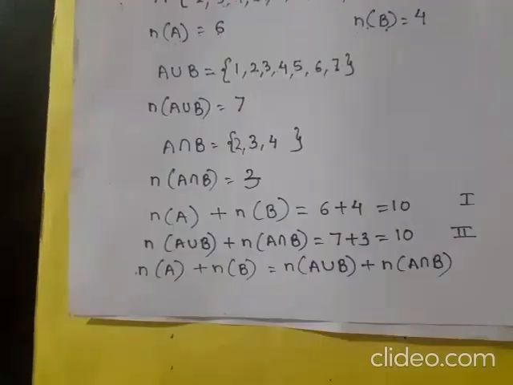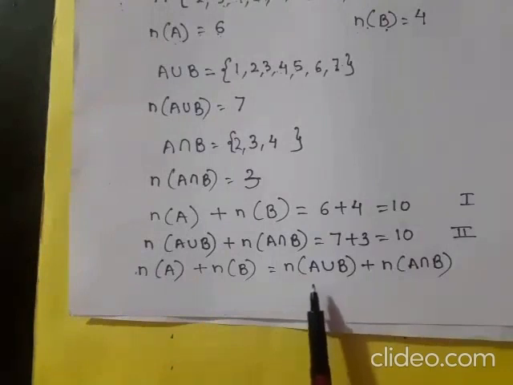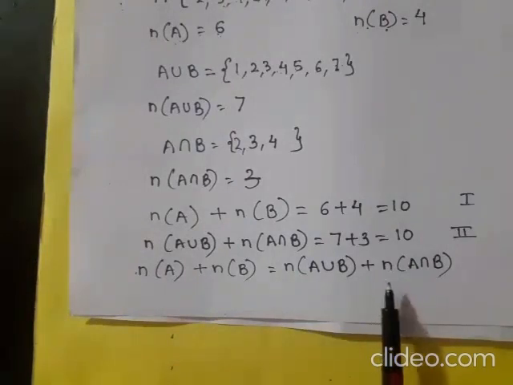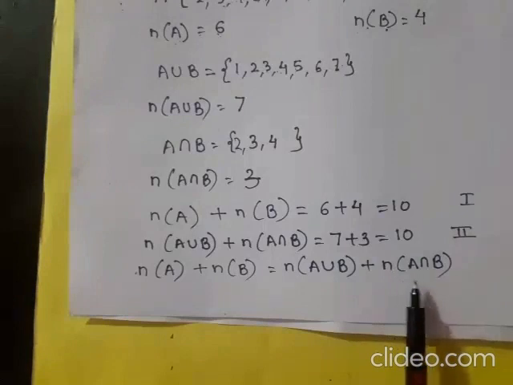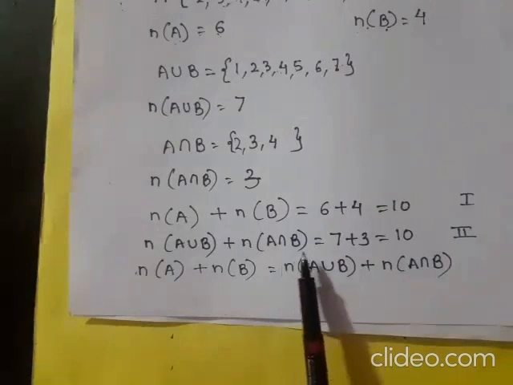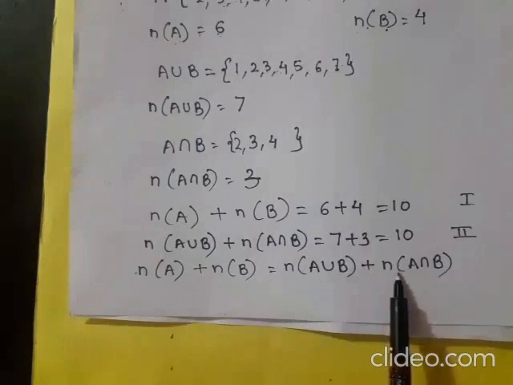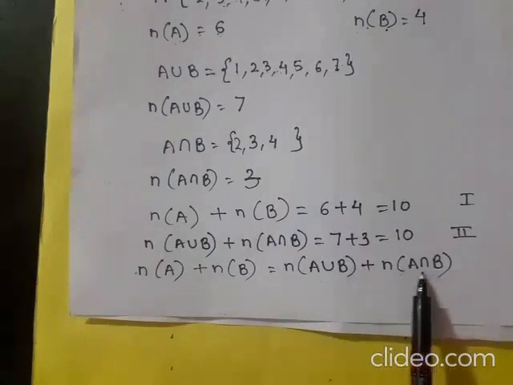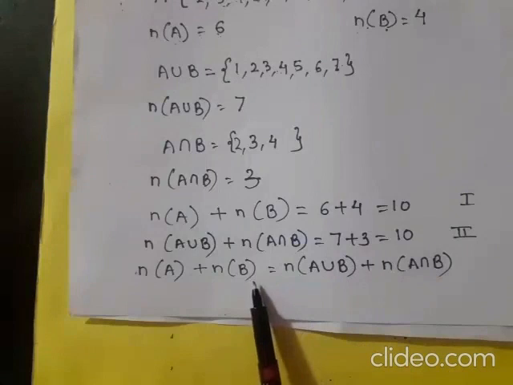So here we are getting that the number of elements in set A plus the number of elements in set B is equal to the number of elements in set A union B plus the number of elements in set A intersection B. So if I want to find the number of elements in set A union B, I will just bring the number of elements of A intersection B to this side and it will become minus.